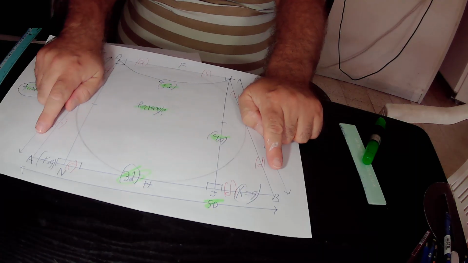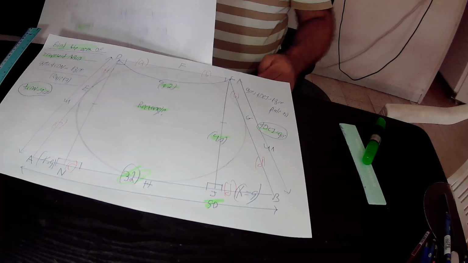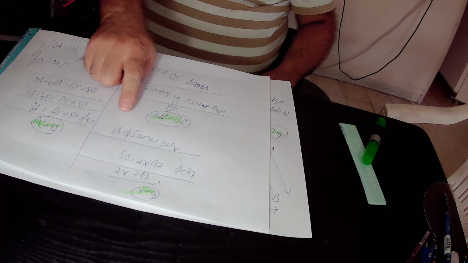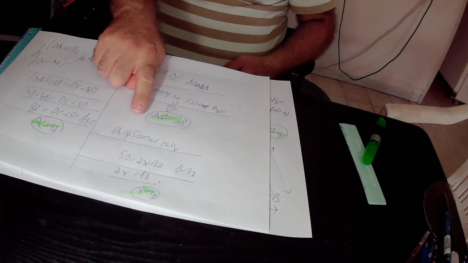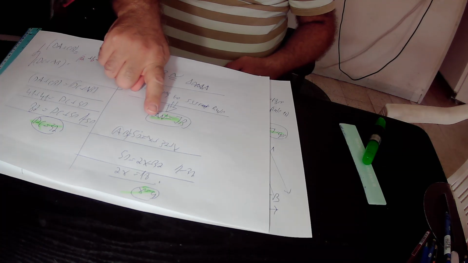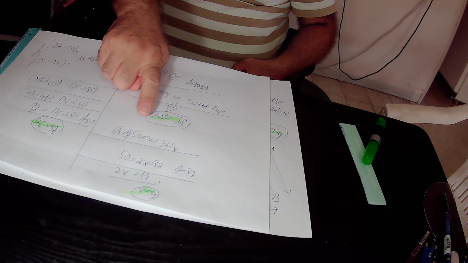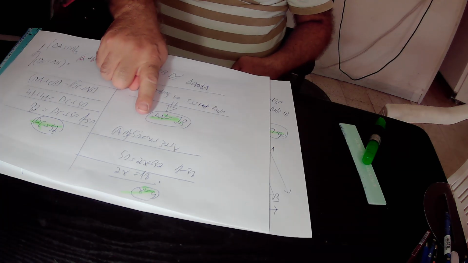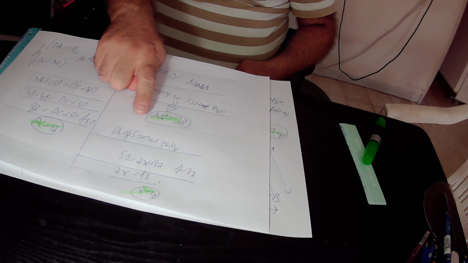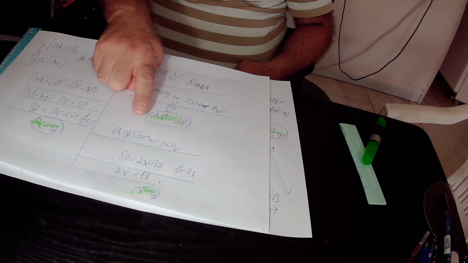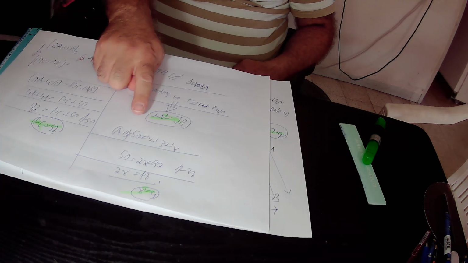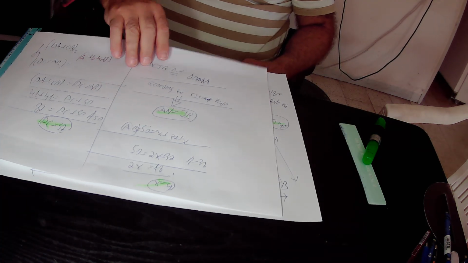So in total, AB also equals 2x plus 32. That is to say, 50 equals 2x plus 32. Subtracting 32 from this equation, we find that 2x equals 50 minus 32, which is 18. Here we divide this equation by 2 and find that x equals 9 units.